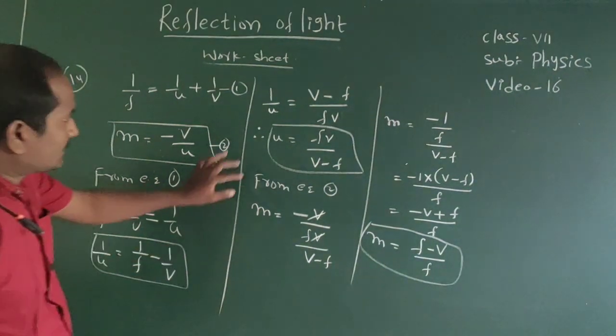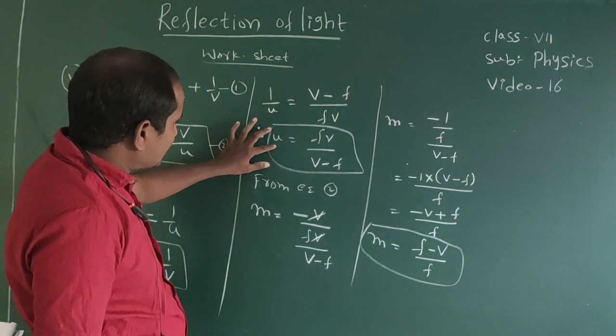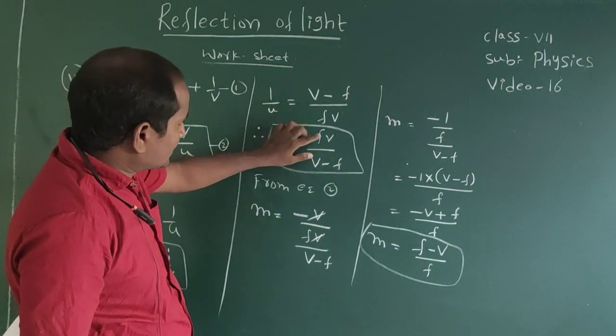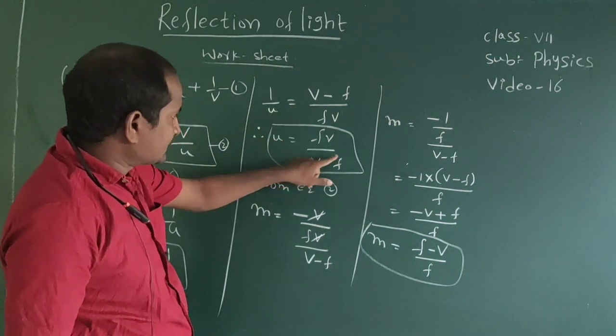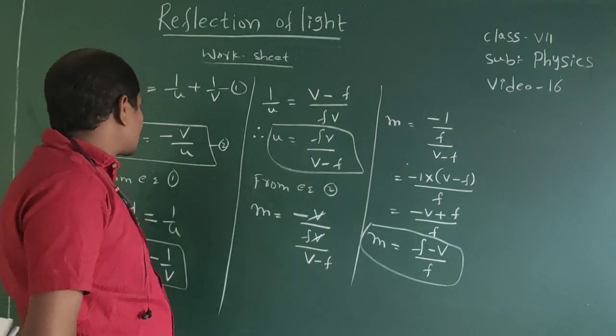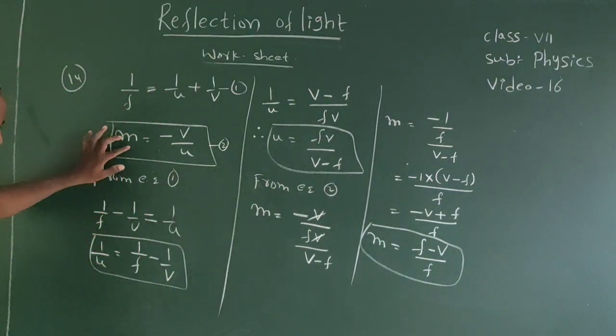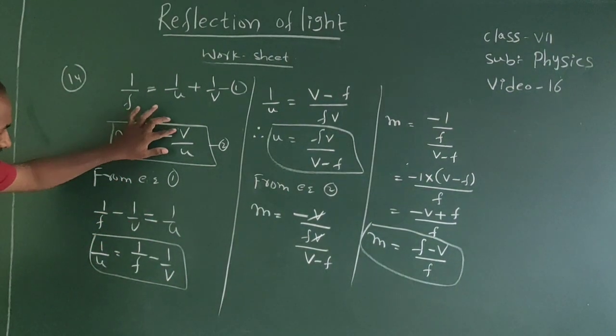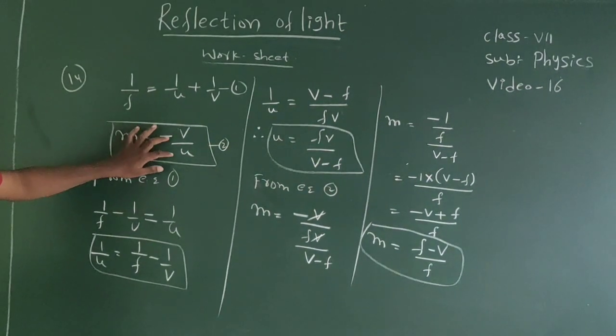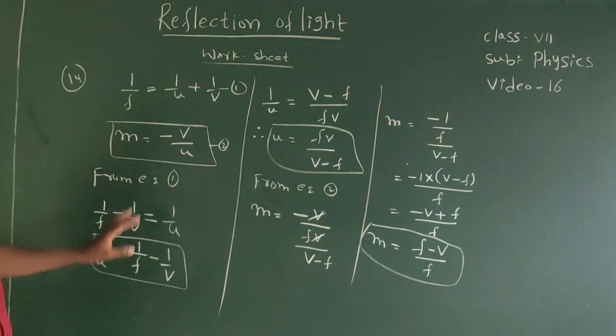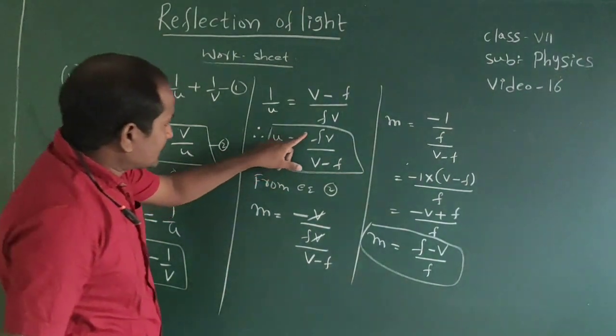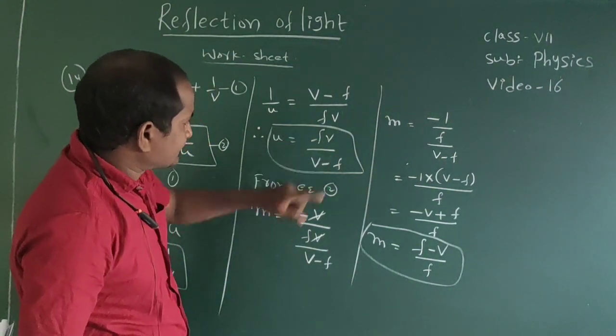Taking the reciprocal, u equal to f into v by v minus f. From equation number 2, magnification equal to minus of image distance by object distance, that is minus v by u. So in the place of u we can write f into v by v minus f.